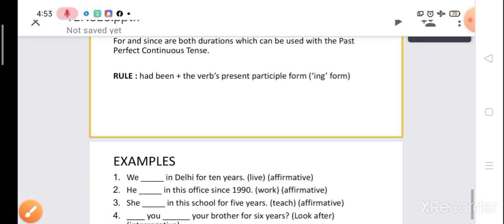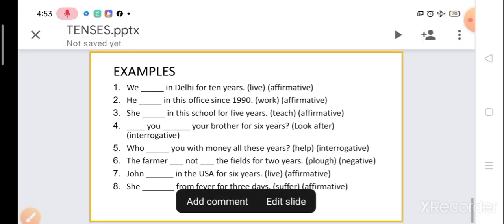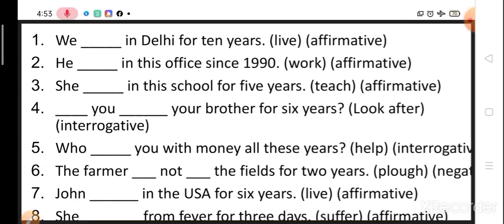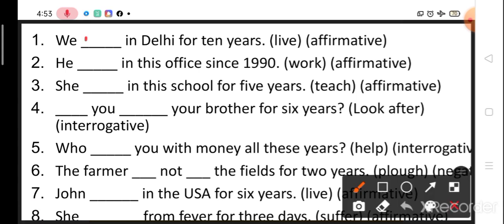Let us see a few examples. We had been living in Delhi for 10 years.